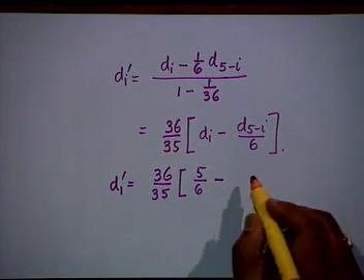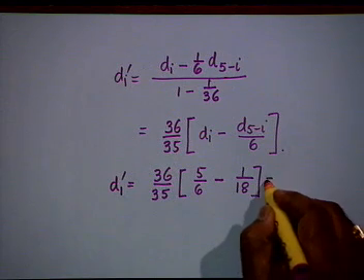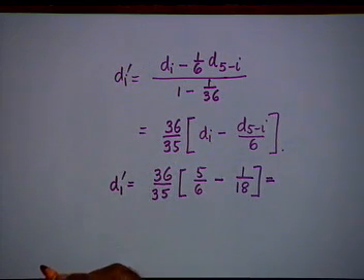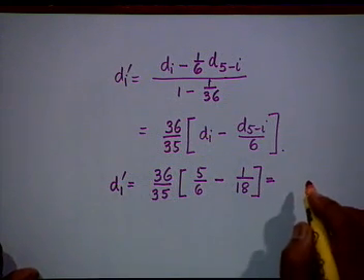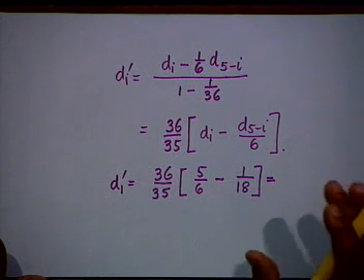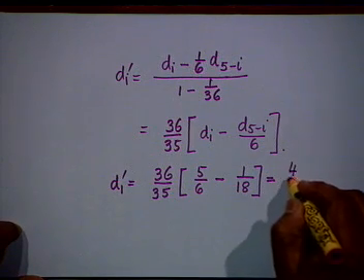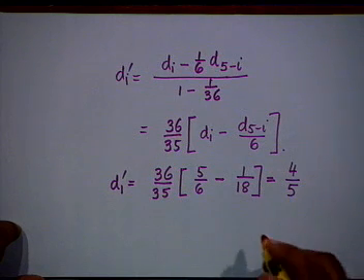What is d4? 1/3, so 1 by 18. Simplify it as such and put it in the form of a fraction. As long as possible, retain this in the form of a fraction. This simplifies to 4 by 5.